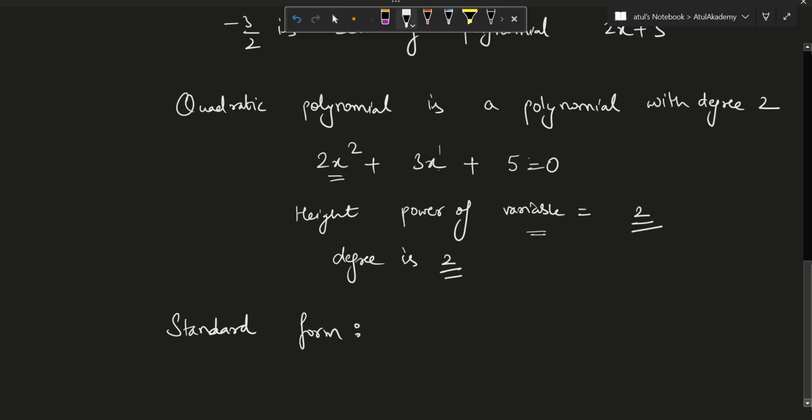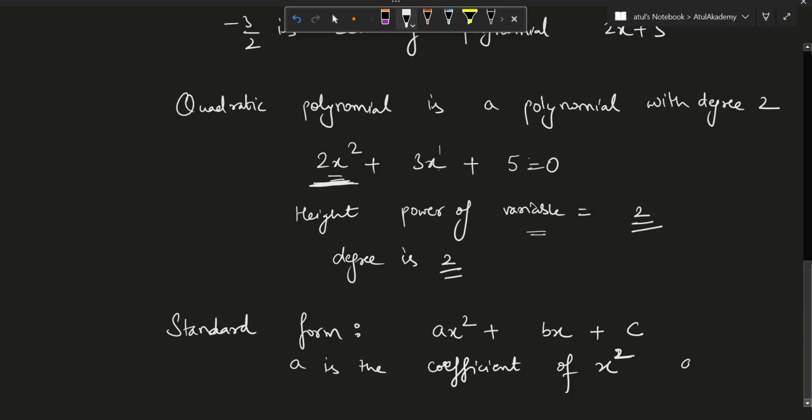The standard form of a quadratic polynomial is written as ax square plus bx plus c. Sorry, a is the coefficient of x square. In the previous example, what is the coefficient of x square here? We can say that in the previous problem, a equals 2.